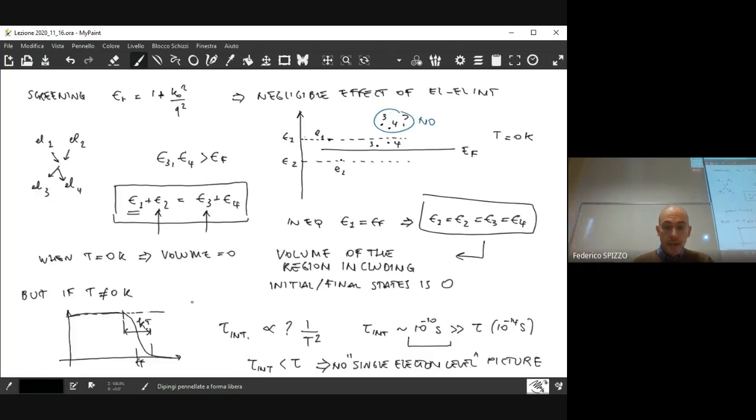So if we had found that the relaxation time due to the interaction is smaller than tau, then that picture is destroyed. So we have to start all the calculations from the beginning by using a different approach.